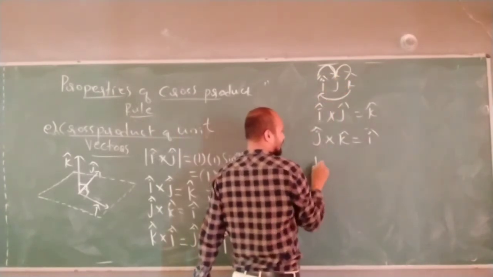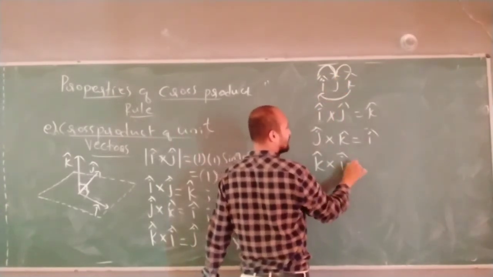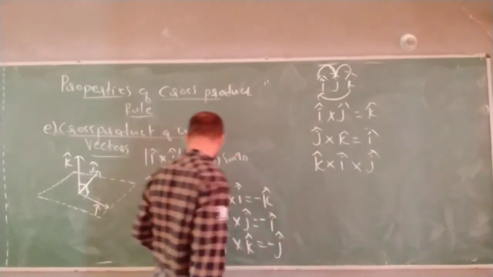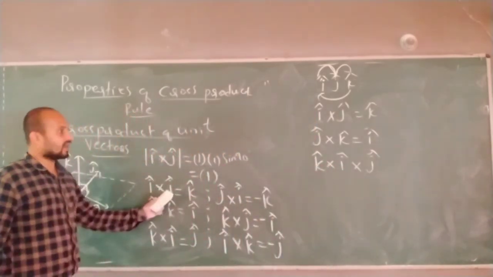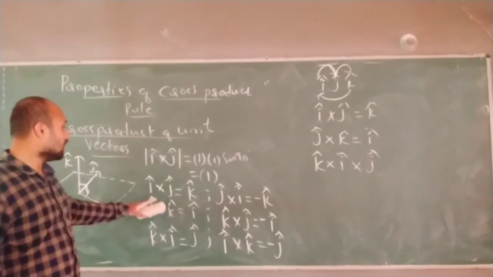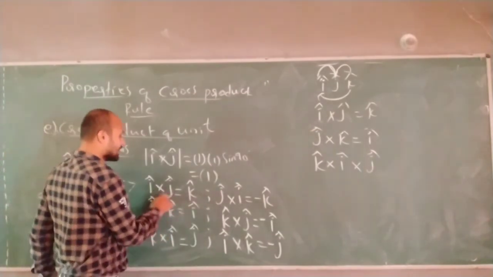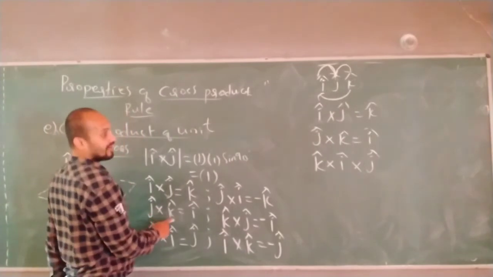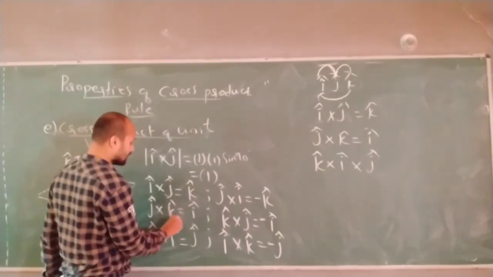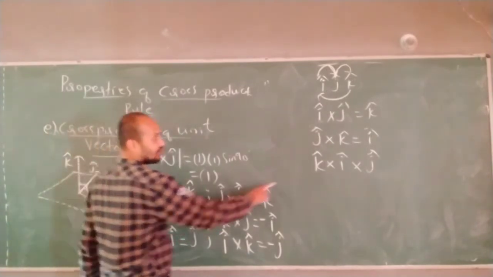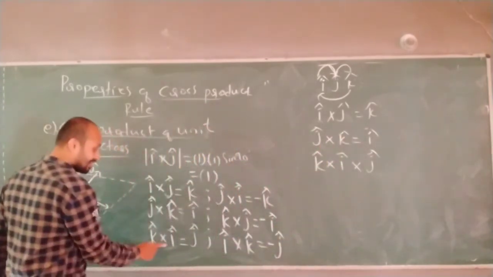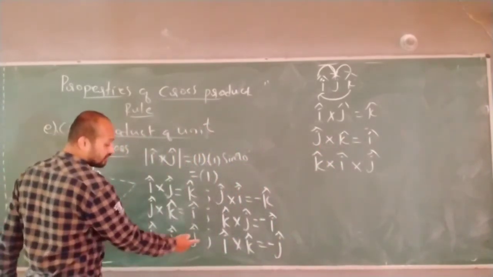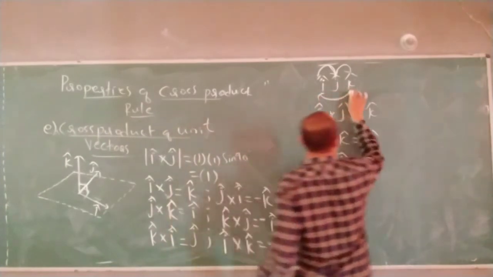So i cap cross j cap gives k cap, j cap cross k cap gives i cap, and k cap cross i cap gives j cap. Just remember i, j, k.